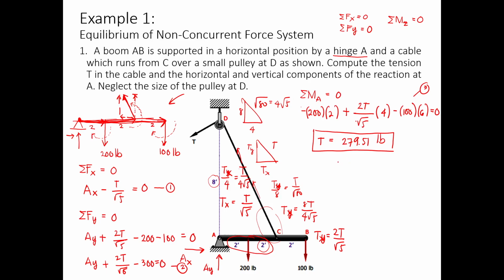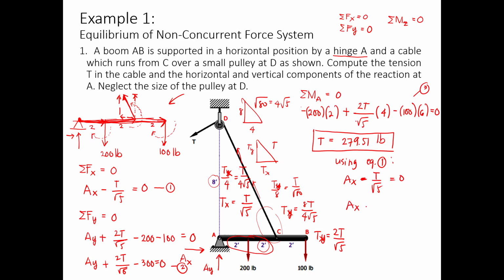So solving first for the horizontal component using equation 1, this will be AX minus T over square root of 5 equals 0.